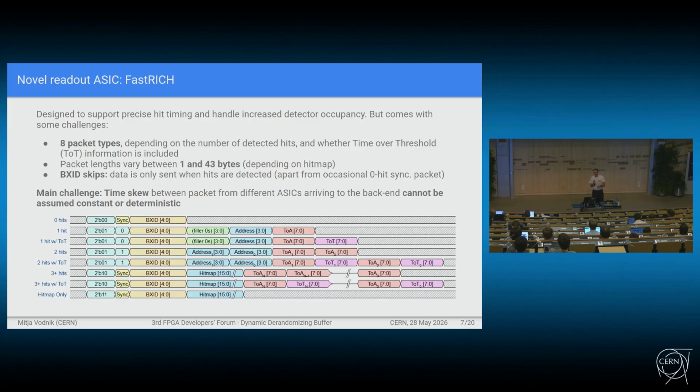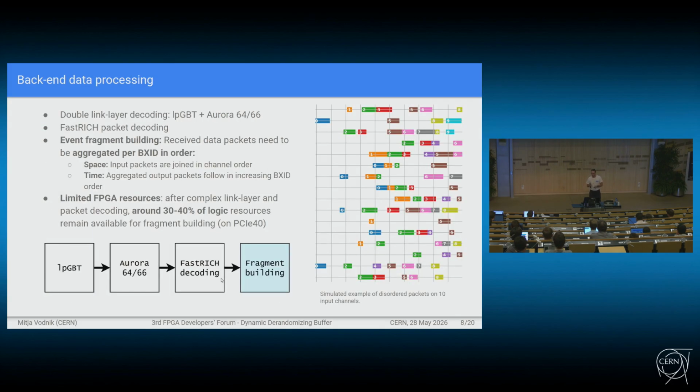But the main challenge that I'm working with is that the time skew between the data arriving from multiple FastRICH ASICs is not constant or deterministic. And all the arriving packets have to be sorted at the backend side.